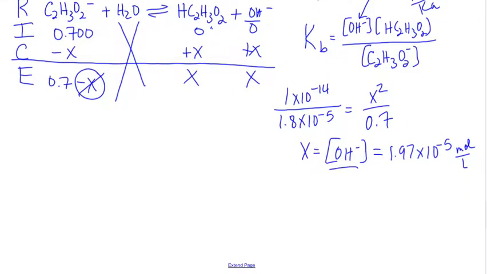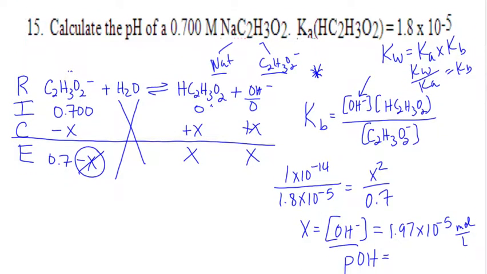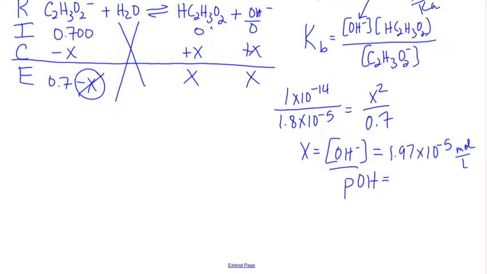All right, so how do I find the pH? I got a couple things I got to do. Okay, by taking negative log of OH minus, I get pOH. So what is pOH's value to, let's look at sig figs, the constants to, let's go with 2 decimal places. 4.71, everyone agree with that?